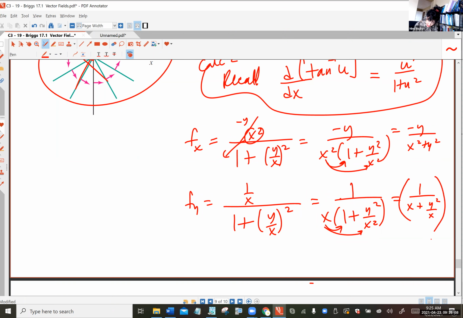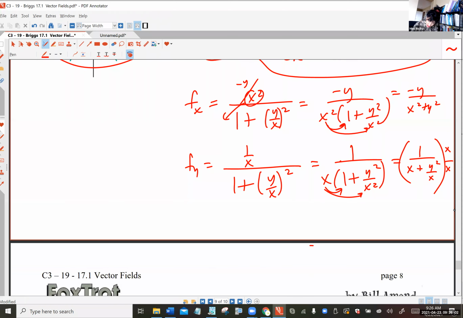So I'm going to multiply by a special version of 1, x over x. So it looks a little prettier, that's all. And then distribute, and I'll get x over x squared plus y squared. So the gradient, which is basically our vector field, which contains these partials as components, looks like this.